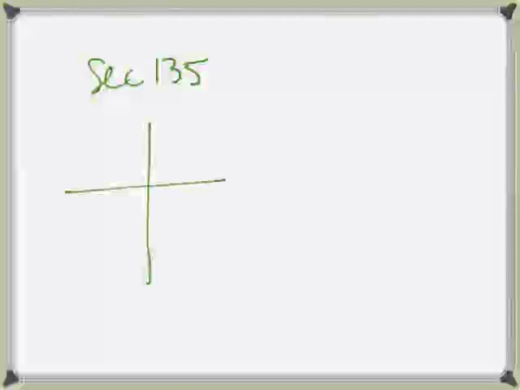Where's 135 going to land? 45 above the 180. 180 minus 135 is 45. Sides of the 45, 45, 90 are 1, 1, and square root of 2. So anything need to be negative here? The horizontal one is left, so it needs to be negative. The vertical one is up, so that's positive.